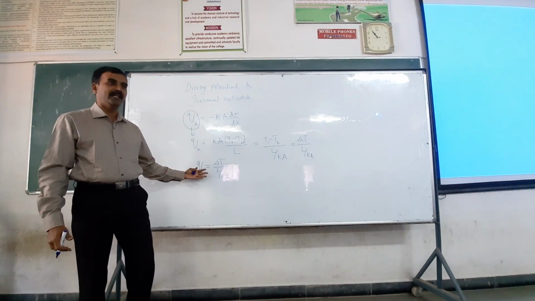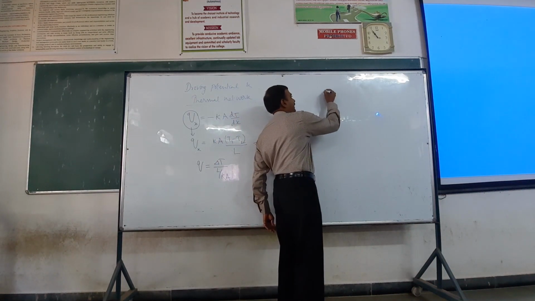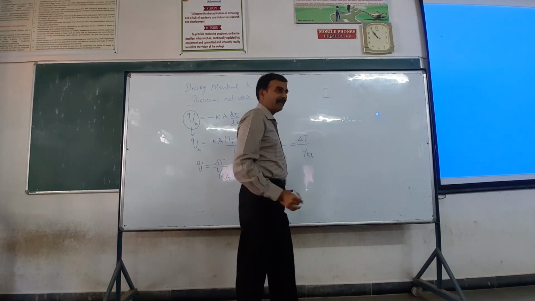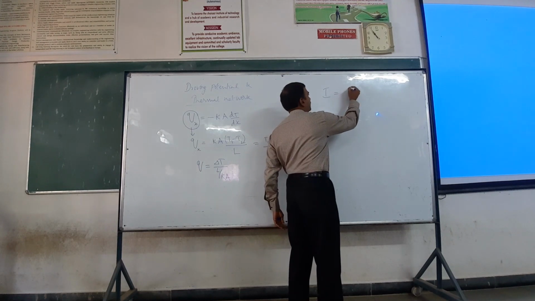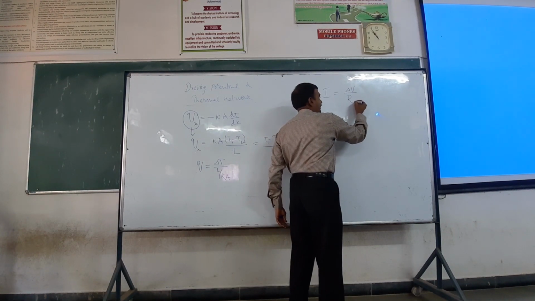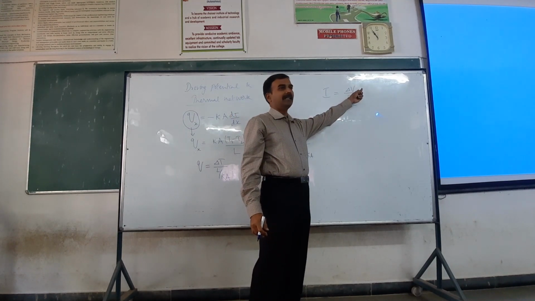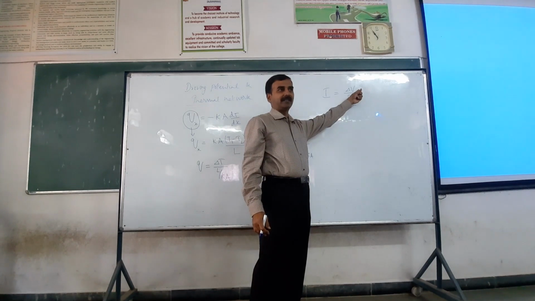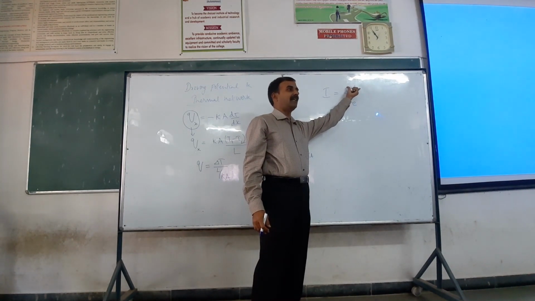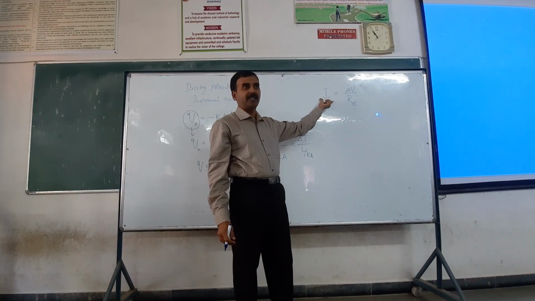Now, you can even compare this with Ohm's law. What is Ohm's law? Current is equal to delta V by R. What is R here? Electrical resistance. So what is delta V? Voltage difference. So voltage difference is the cause, current or conduction of electricity is the effect.